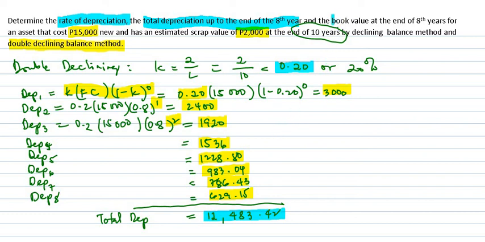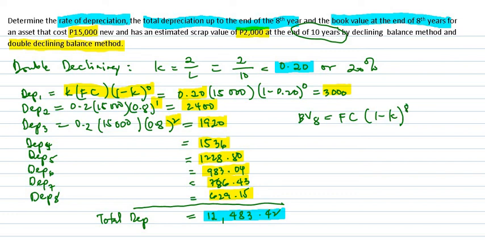And how about the book value at the end of 8 years? We need to compute that one. Our book value on the 8th year, so BV sub 8, is equivalent to the first cost times 1 minus K raised to 8.